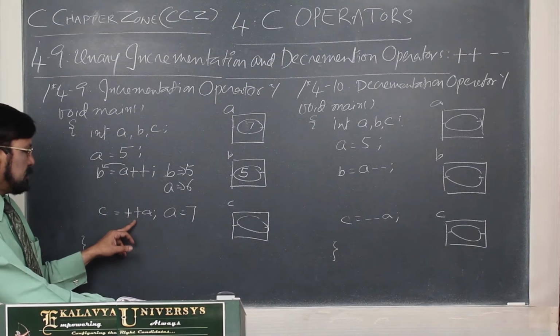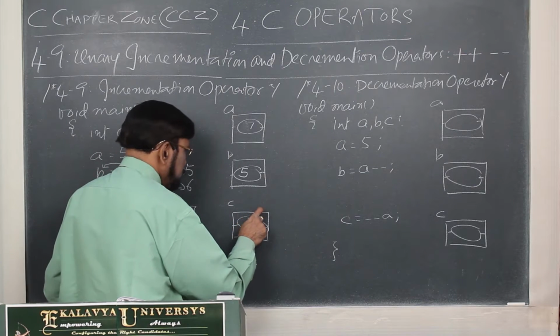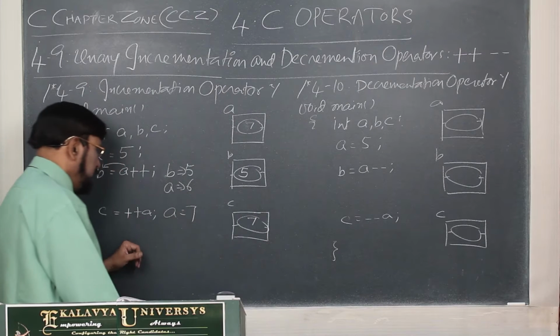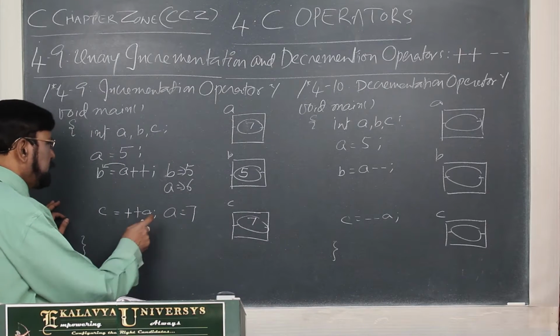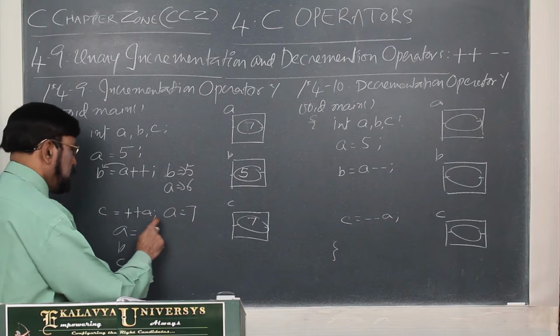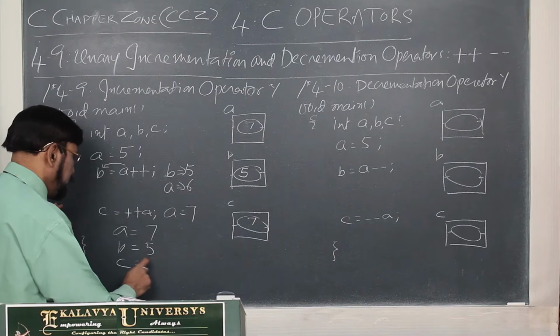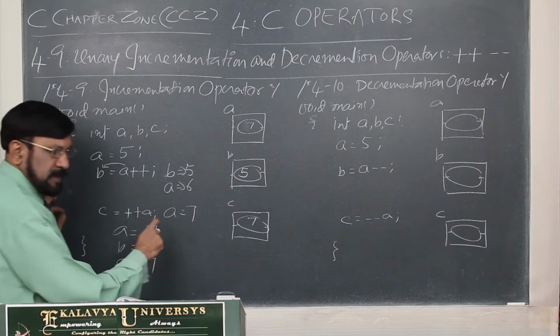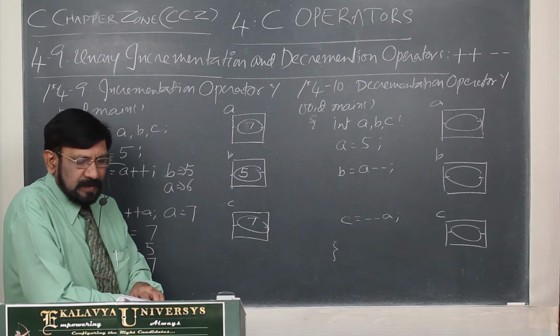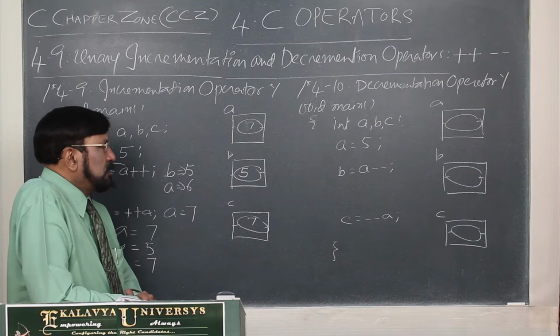Then that is assigned to C, so C is 7. Now write a printf for printing the values of A, B, C. A is 7, B is 5, and C is 7. These results you get. Understand? This manner you have to work out.